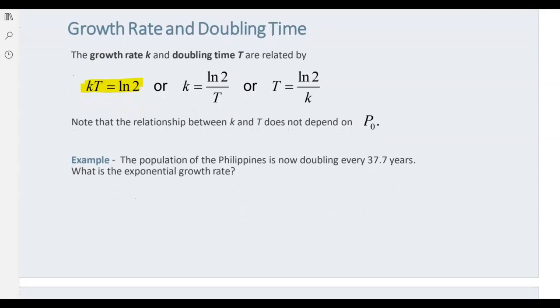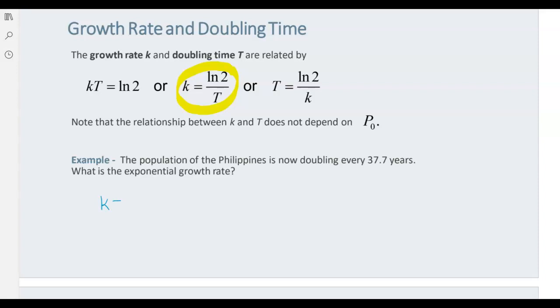So in this example, we're asking, what's the exponential growth rate if the population is doubling every 37 years? So we're going to use this version because we want to know the growth rate.